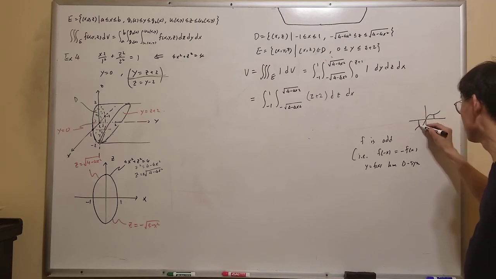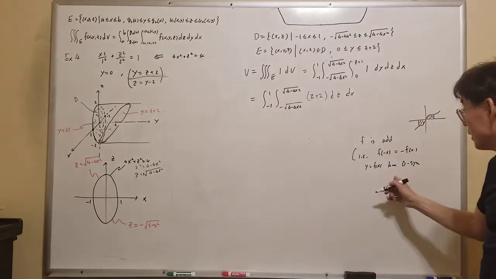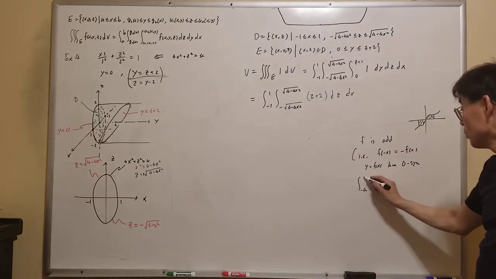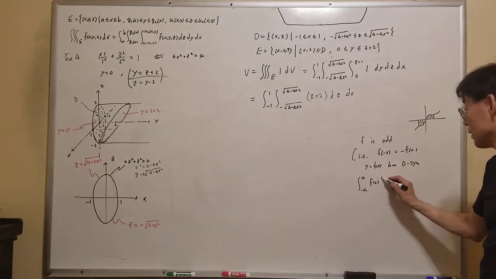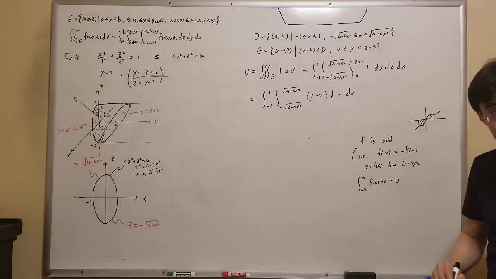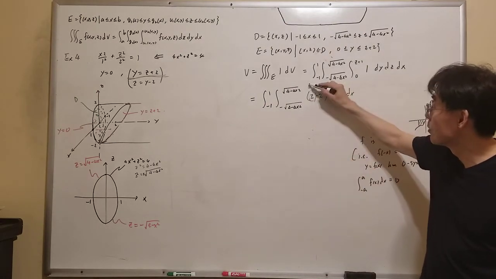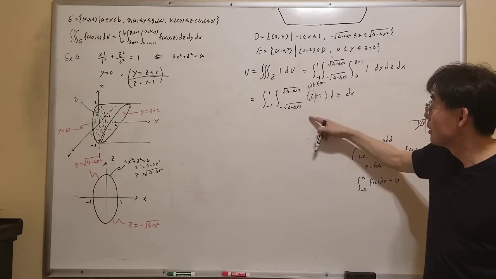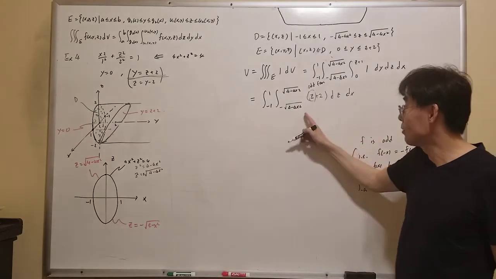Origin symmetry. You have the same shape, but one is up, one is down. Then on a symmetric interval around origin, from minus a to a, f of x dx will be 0, right? For z, this is an odd function. From minus something to positive something. So that integral will be 0.